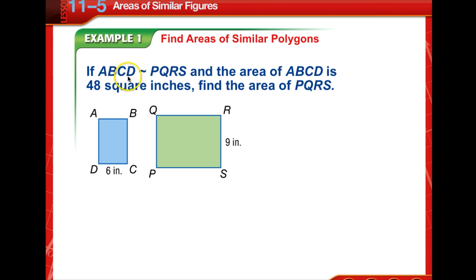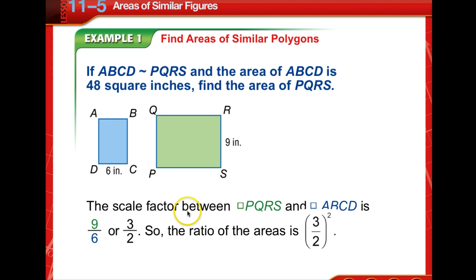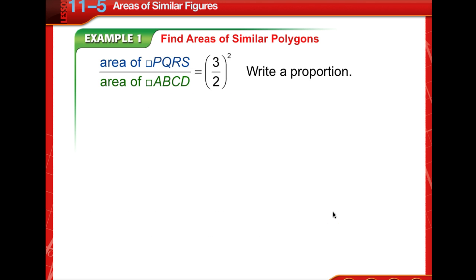So if ABCD is similar to PQRS and the area of ABCD is 48 square inches, find the area of PQRS. So the scale factor 9 to 6 or 3/2, so the ratio of the areas is the quantity 3/2 squared. So the area of quadrilateral PQRS over the area of quadrilateral ABCD is equal to the square of the scale factor, which is 3/2.